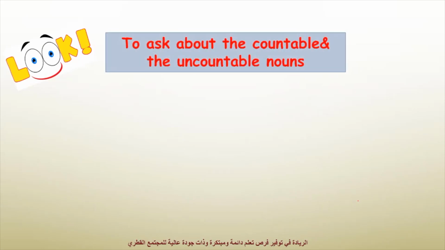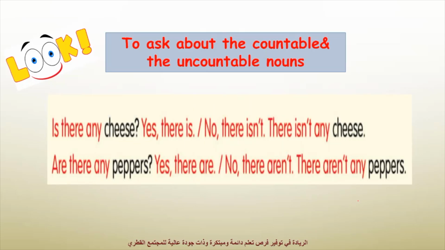Let's move to have a look here. In this part, we are going to learn how we can ask about the countable and the uncountable noun. Here, you can ask using something we talked about before. Is there or are there?